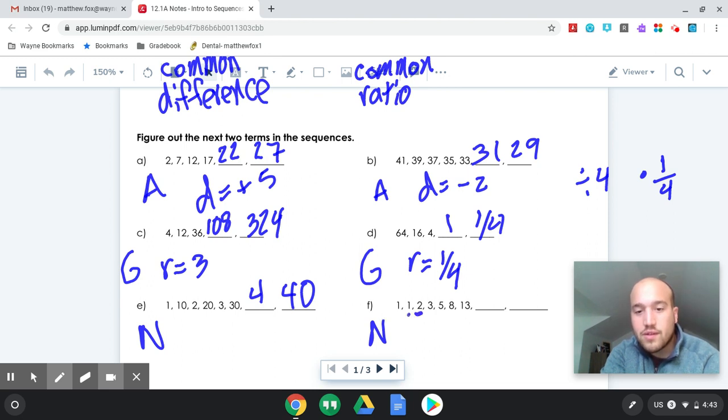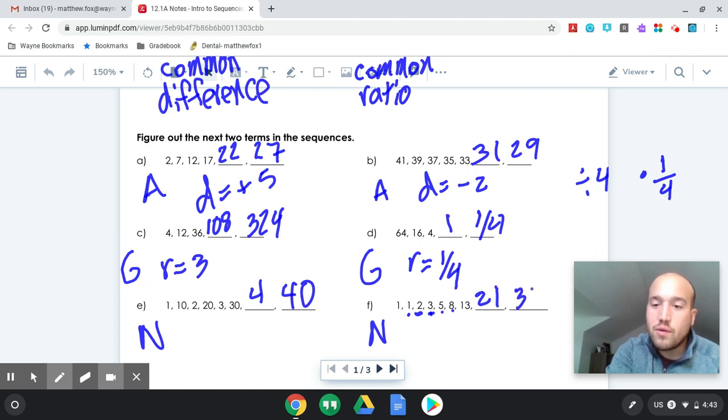Then 1 plus 2 gives us 3. 2 plus 3 gives us 5. 3 plus 5 is 8. 5 plus 8 is 13. Each time they're adding the previous two terms to get the next one. So 8 plus 13 gives us 21. And then 13 plus 21 will give us 34. So that's another example of a sequence.